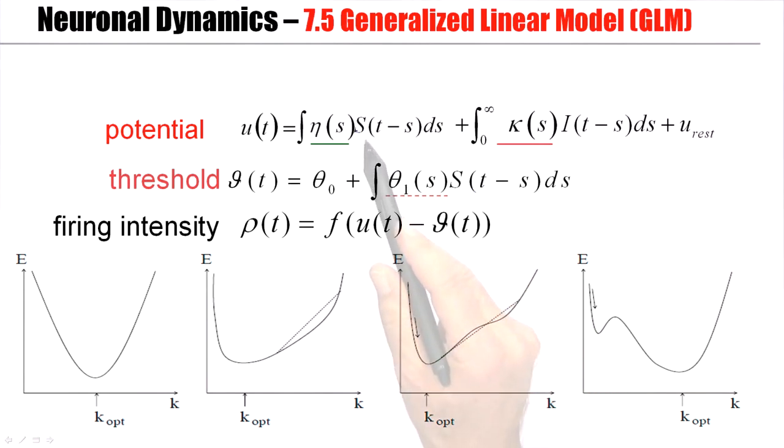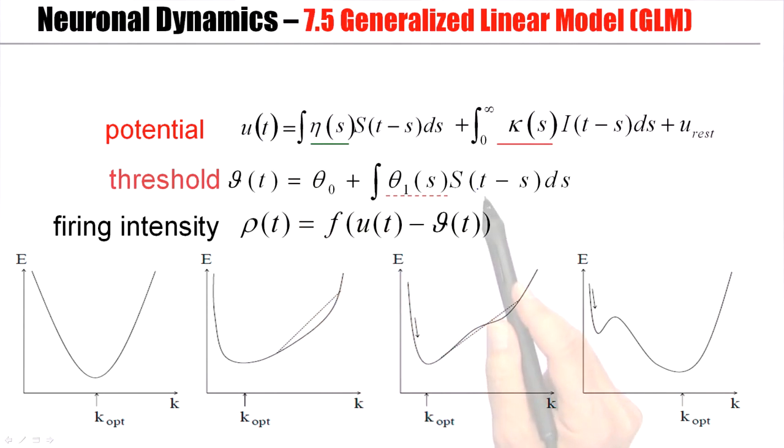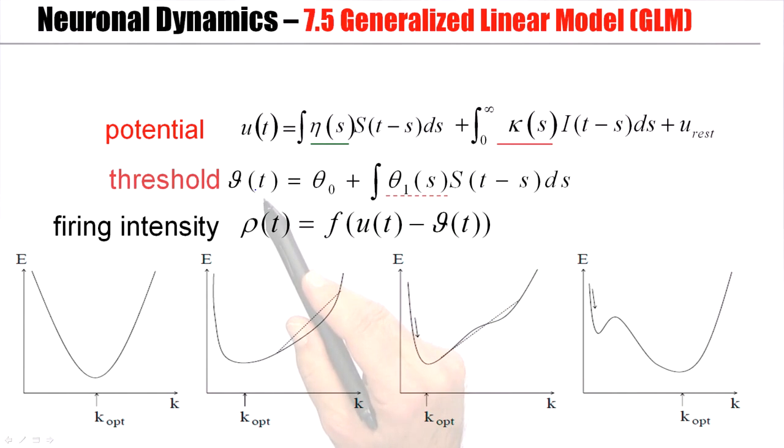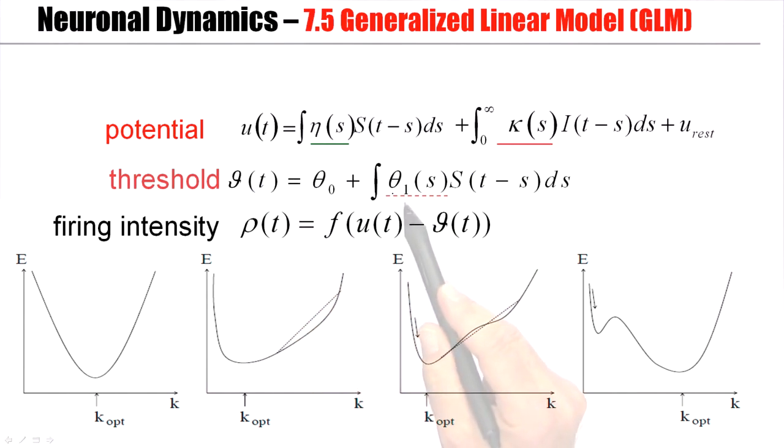I've discussed before that given the spike train, predicting voltage is linear in the parameters. Given the spike train, optimizing the threshold is linear in the parameters theta 1. It's just a convolution. But we have the nonlinearity in the firing intensity. This function f is nonlinear.